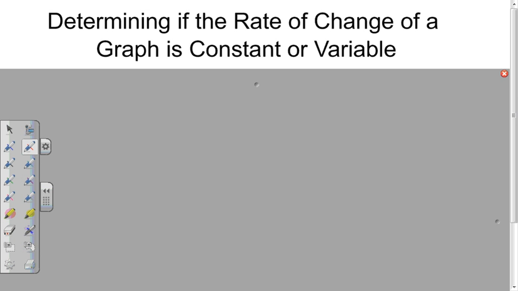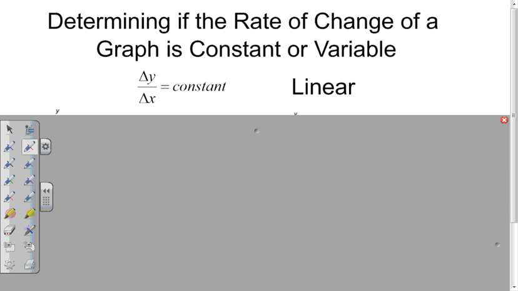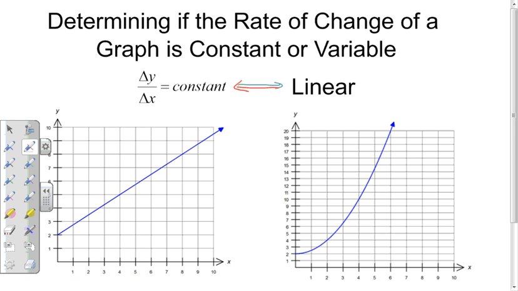So we'll go back here, and we'll take a look and realize that delta y over delta x is constant, means that the data set is linear, but we also said it was if and only if, which means if the data set is linear, delta y over delta x is constant. So really, if you just looked at a graph, you could tell if it's going to be a constant rate of change or not.